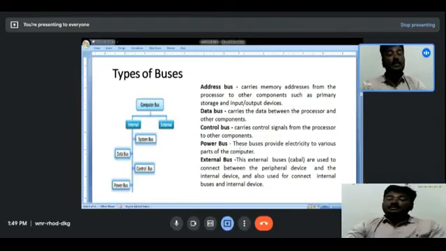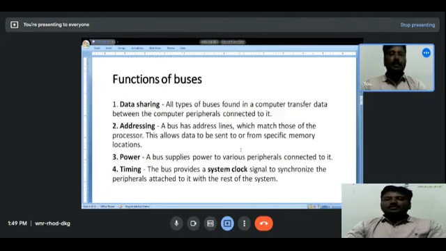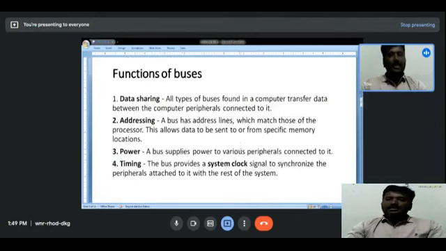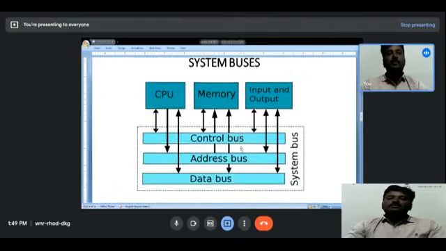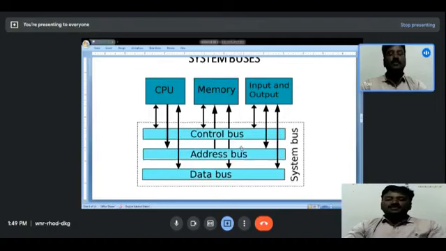These types of buses are mainly meant for data communication. So they are used for data sharing, address sharing, control sharing, power supply giving, and timing signal monitoring. These three different types of buses form what is specifically named the system bus.